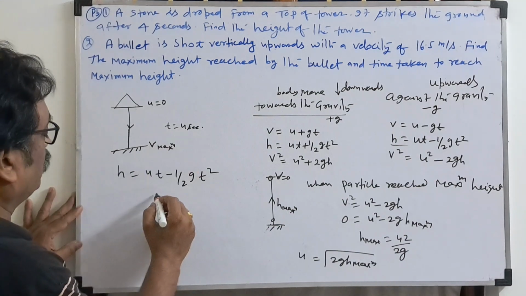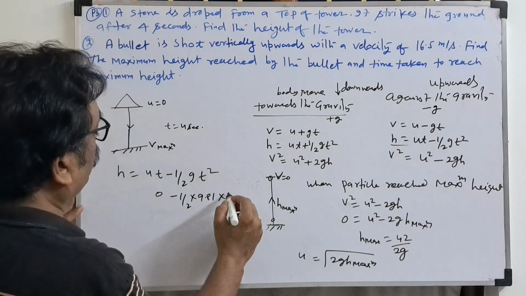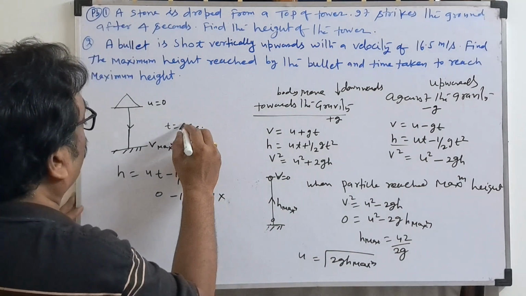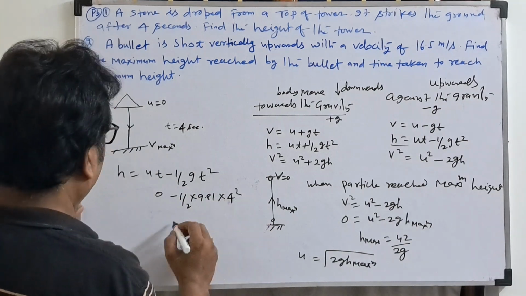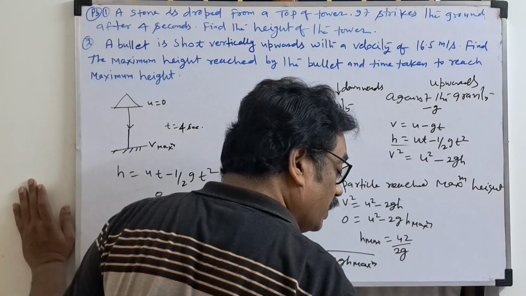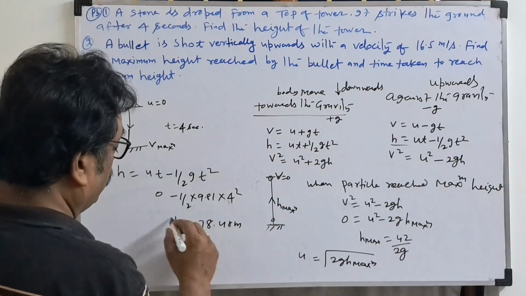So initial velocity is 0, minus half into 9.81 into the time given. How much time is given? 4 seconds, so 4 square. So h, as we already calculated, is coming 78.48 meter.